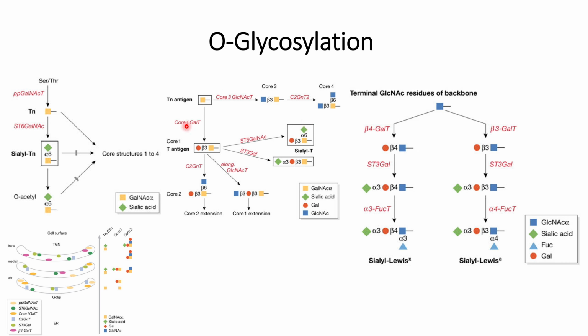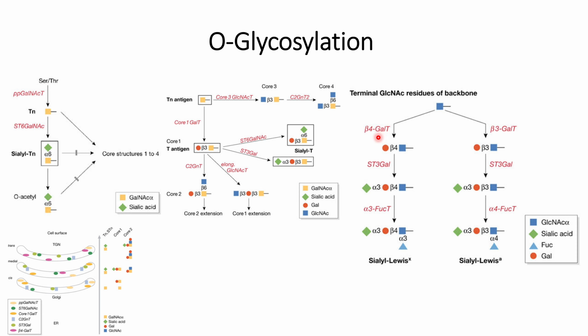So these are some of the O-glycosylations that occur, and there are also terminal GlcNAc residues, in which case the GlcNAc residues are attached to the serine and threonine instead of galNAc.